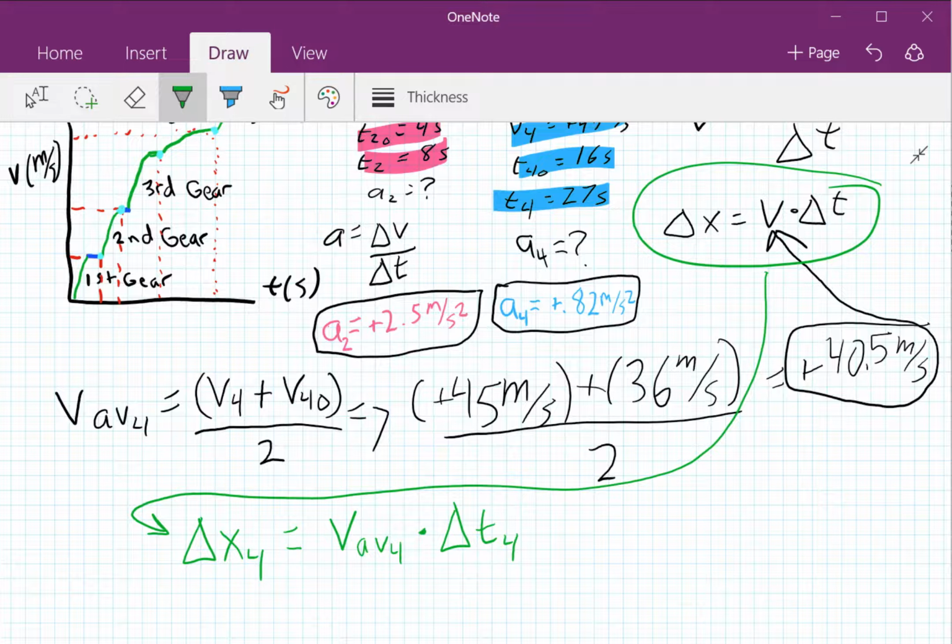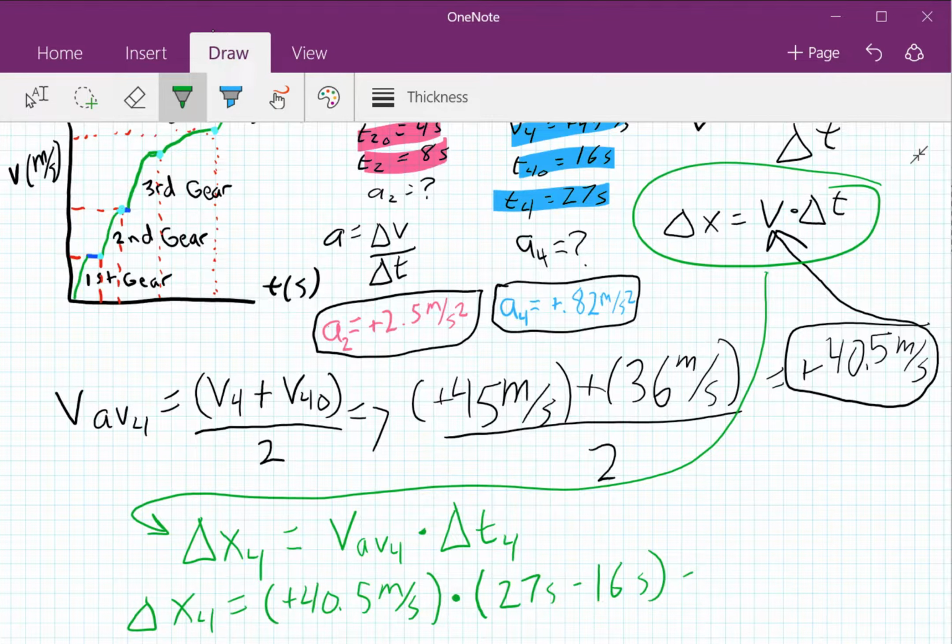Plugging in the values, you get delta x in fourth gear equals positive 40.5 meters per second times 27 seconds minus 16 seconds.